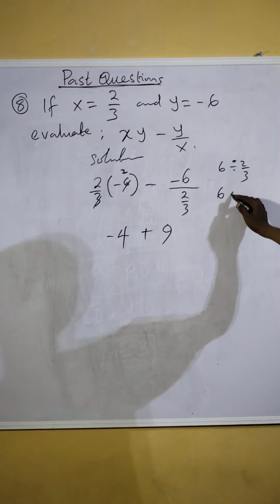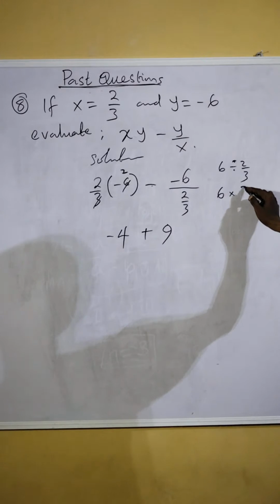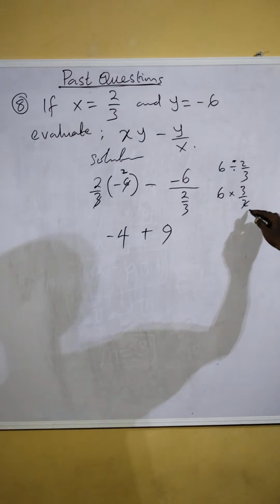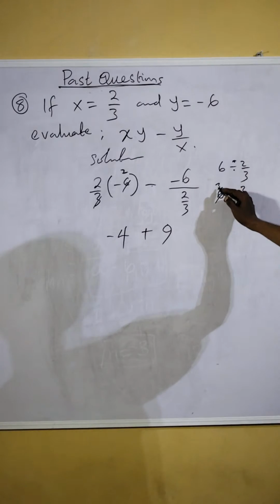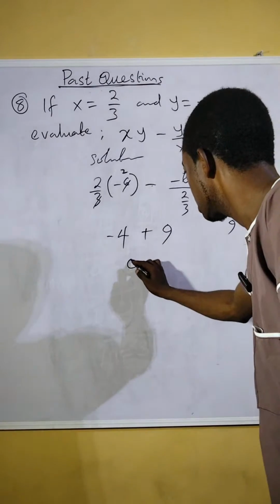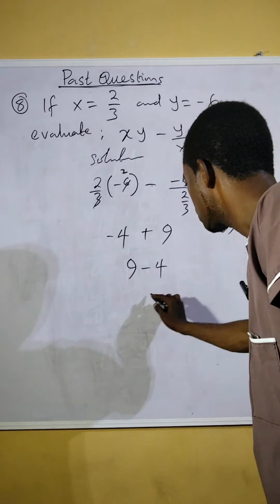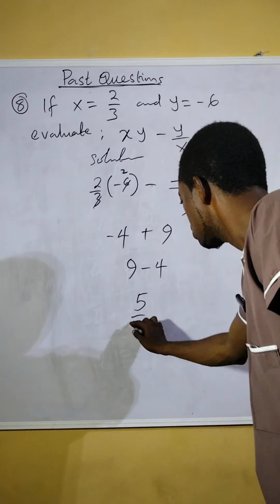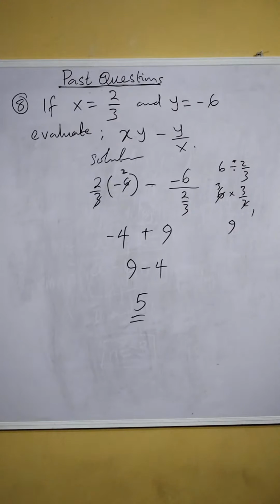Then we can say this is 6 times 3 over 2, so 2 goes into 6 three times. 3 times 3 is 9. So that's why it is 9, and this is the same as 9 minus 4, which is simply 5. So it's just substituting into the given expression. So, substitution.